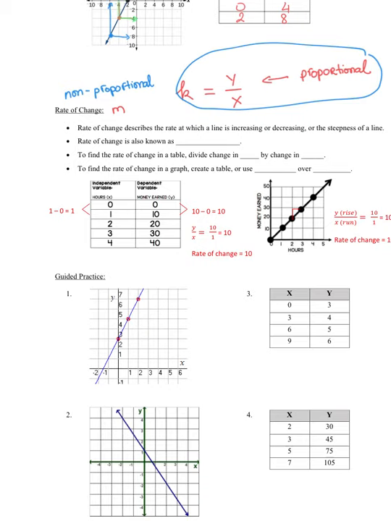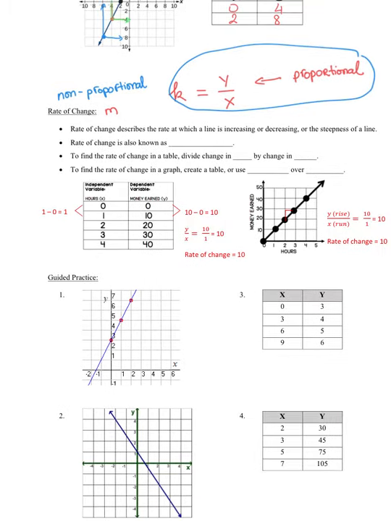But if it's not proportional, we will find M, or when you get to 8th grade, we call it slope. But I would just use the word rate of change in 7th grade. Okay? So the rate of change is described as the rate at which a line is increasing or decreasing, or the steepness of the line. So rate of change is also known as slope, or we can use M to find the rate of change in a table.